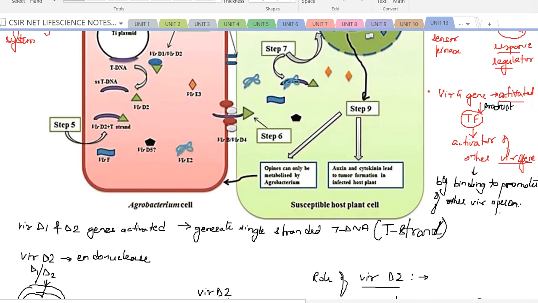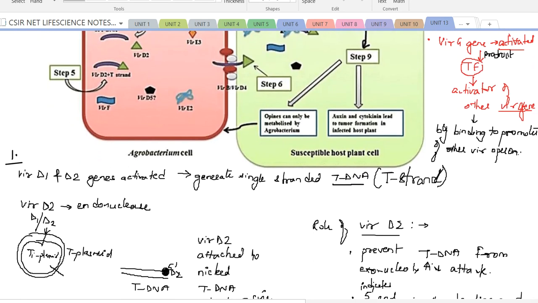By binding to the promoter of other Vir operons. Now I am going to mark these steps. Number one is that VirD1 and VirD2 genes are activated, and they generate the single stranded tDNA.